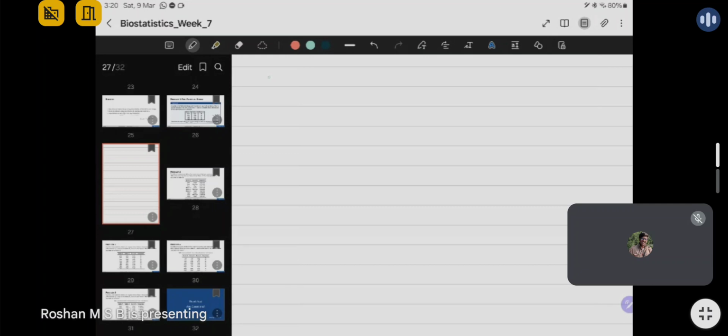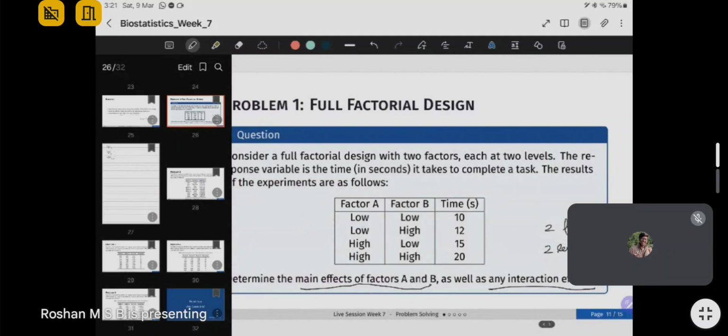First we need to calculate the effect for A, the effect for factor B, and the effect for interaction of A and B. So what do we do for effect A? There are two levels, low and high.